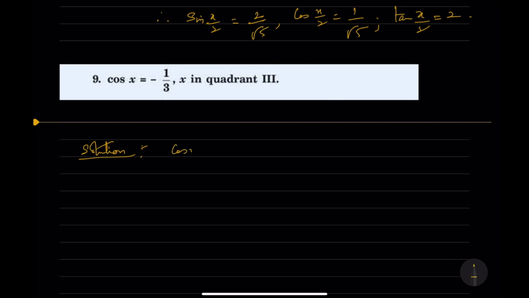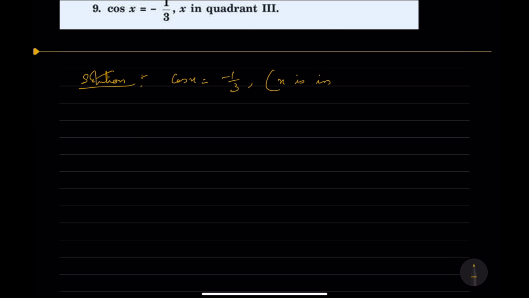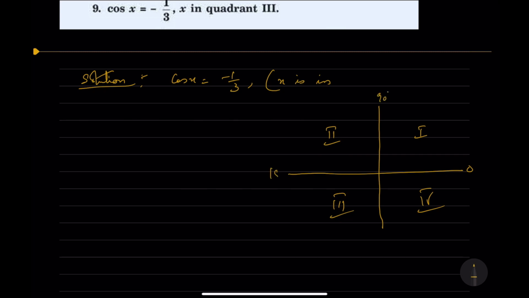Since you know that cos x is equal to minus 1 by 3 and x is in which quadrant, we'll just see. You know that it is first, second, third and fourth, 0, 90, 180, 270 and 360. So therefore here x is in which quadrant?